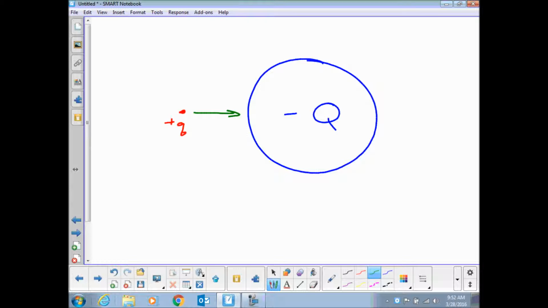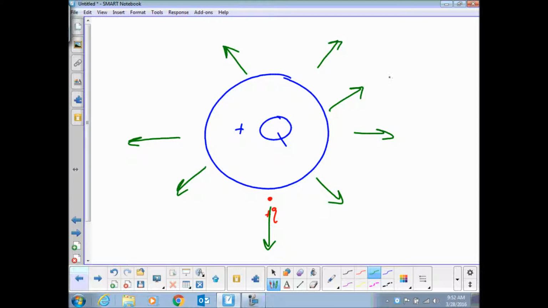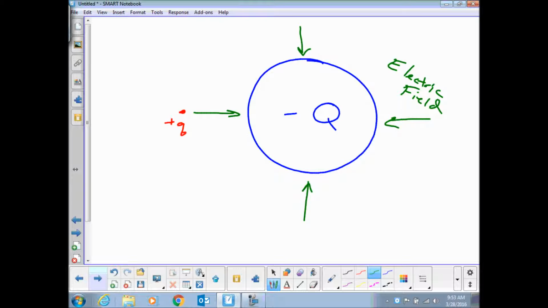And you can probably guess that no matter where I put that positive test charge, it's going to be attracted to the negative charge. And so the green arrows define the electric field around a negative charge. So here's my electric field around the positive charge. So the electric field points away from the positive and towards the negative.